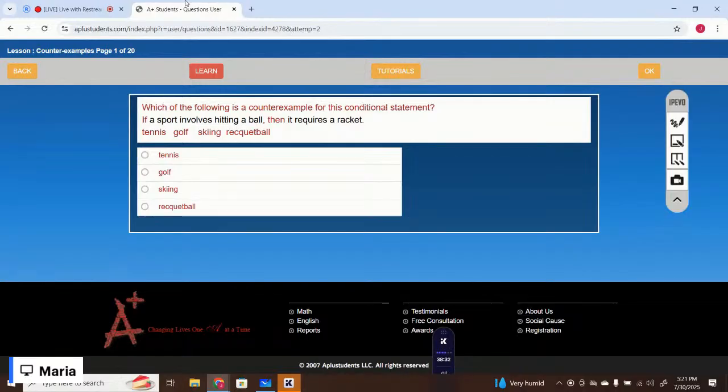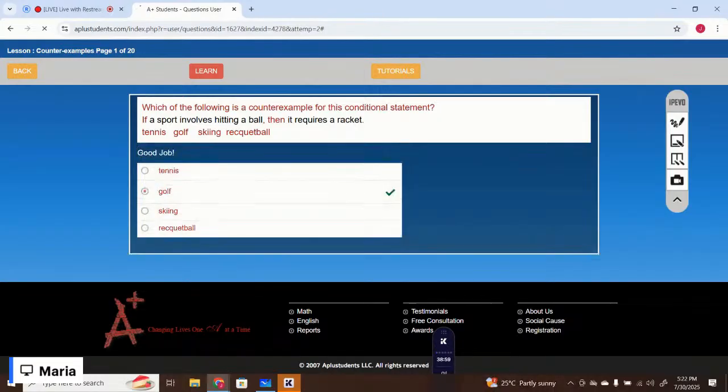The conclusion must be false. Option number two is the correct option because golf does not require a racket.